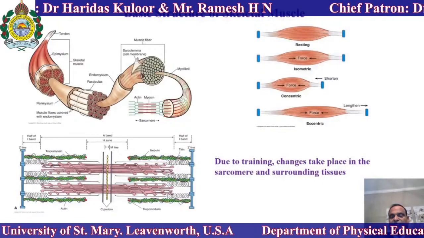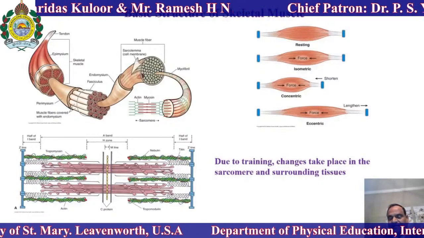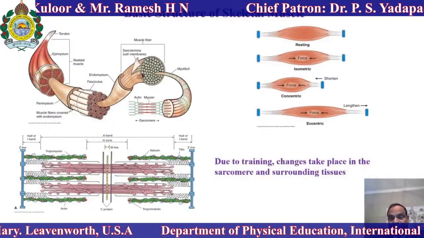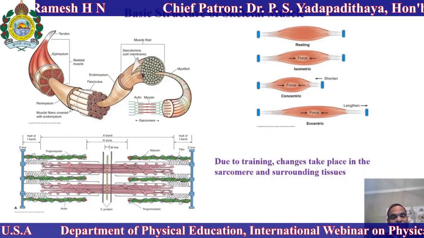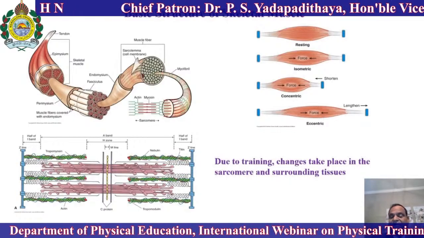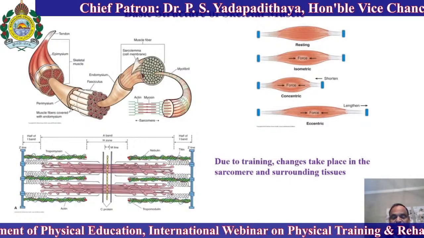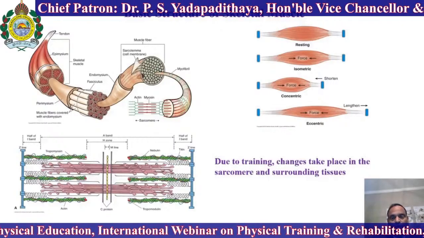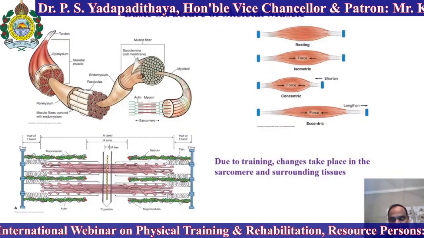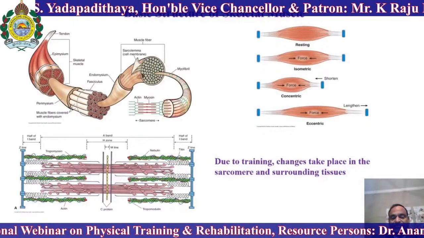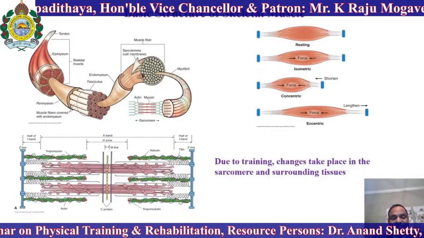In an isometric contraction, muscle length remains the same. In the concentric contraction, the muscle length shortens, and in the eccentric contraction, the muscle lengthens. So we need to keep in mind what type of training you are going to do, whether it's concentric or eccentric. What really happens due to training is changes taking place within the sarcomere.